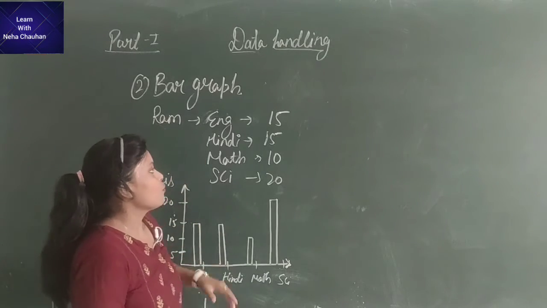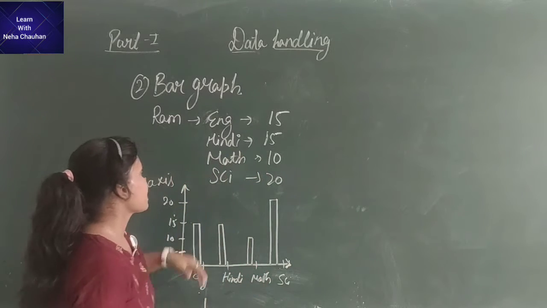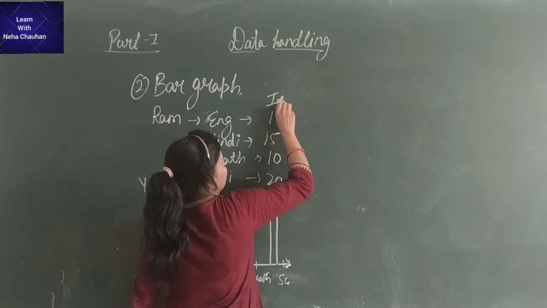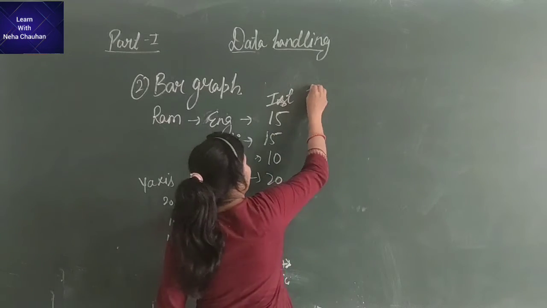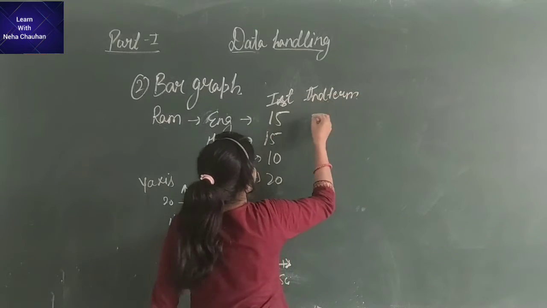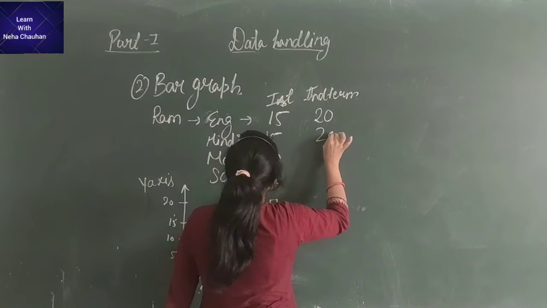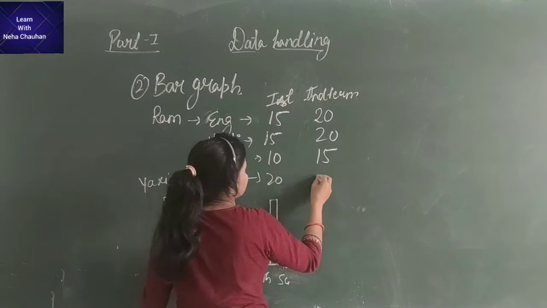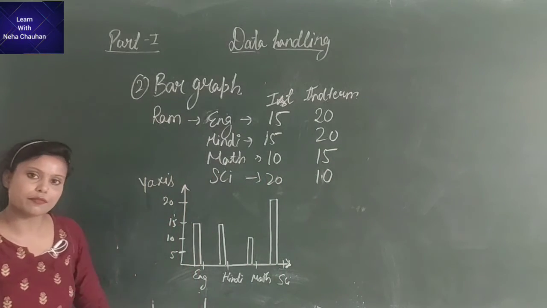In bar graph we also have the double bar graph. Let's take a similar example for it. Suppose these are the marks in first term and he got marks in second term also. So in second term he got 20 in English, 20 in Hindi, 15 in Math and in Science he got 10. Alright. So how will we represent two data sets?